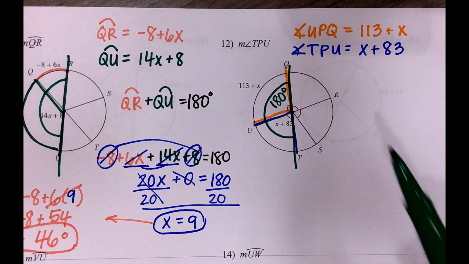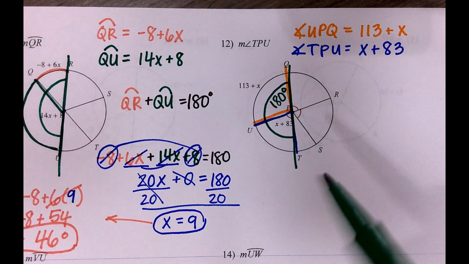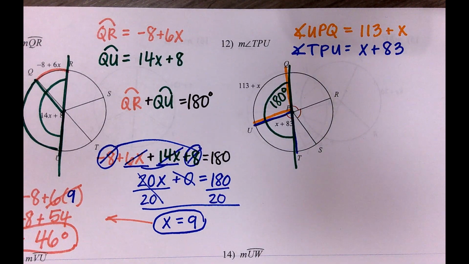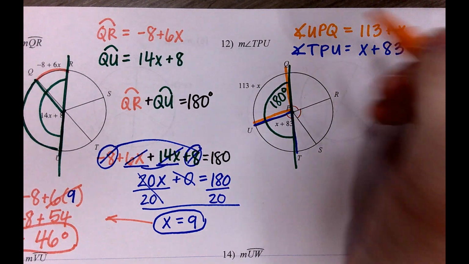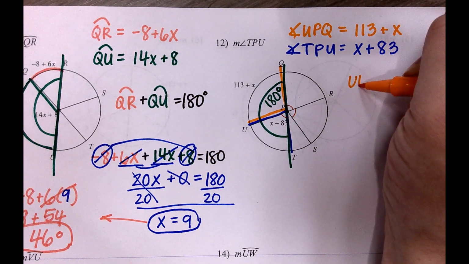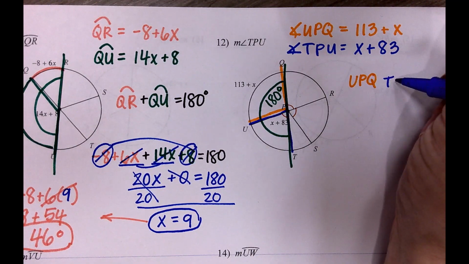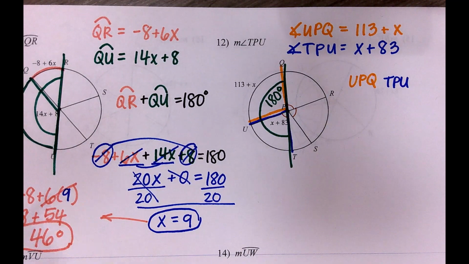So that must be 180 degrees. So we know that UPQ plus TPU equals 180. So same as last time, we're going to set up an equation. UPQ plus TPU equals 180.